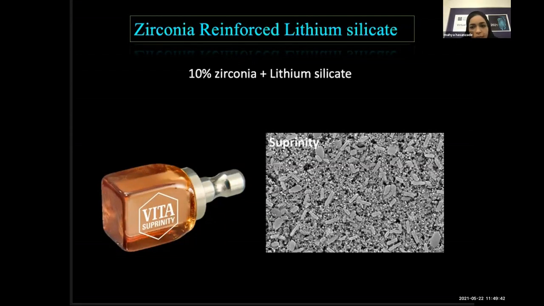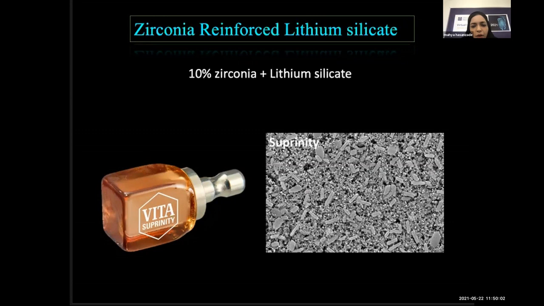This new glass ceramic, I mean zirconia reinforced lithium silicate, was designed to contain lithium silicate as the main crystalline phase in a vitreous matrix reinforced with zirconium dioxide crystals for about 10% of the weight.